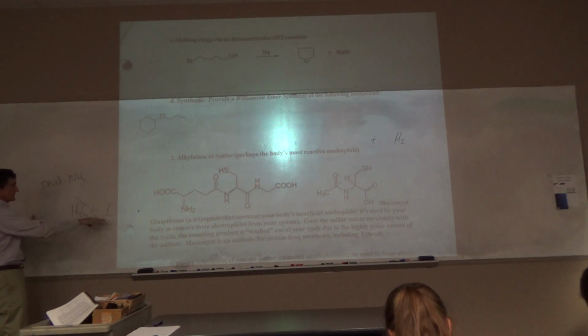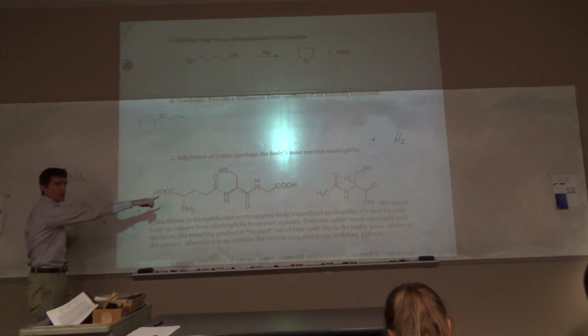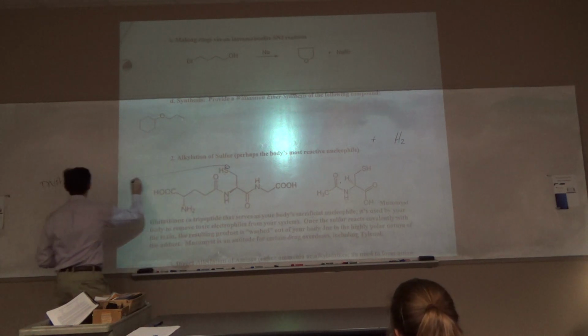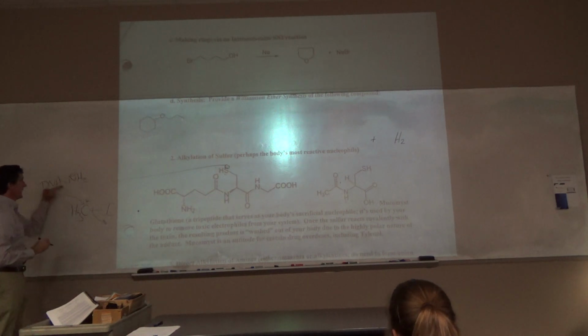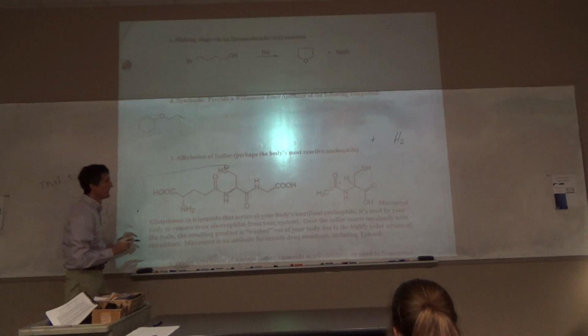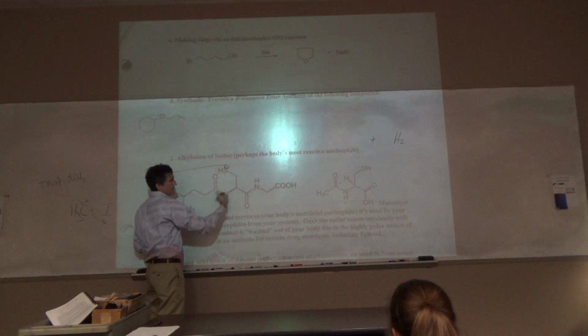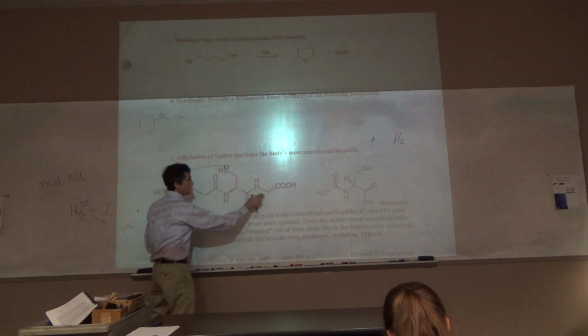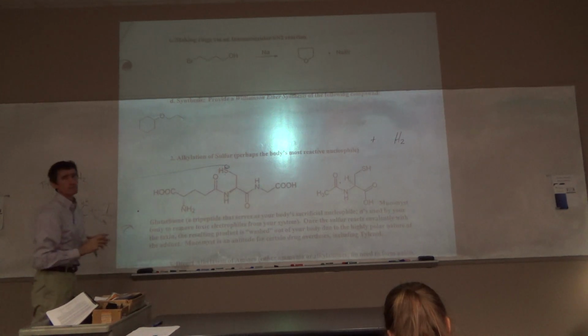No sterics. This serves as your body's defense mechanism, though. It's got this good nucleophile, and this instead will come over here and keep this from happening. And we put a methyl on here. So then this just gets washed out of the body, particularly because it's so ionic. Okay, it's a sacrificial nucleophile.